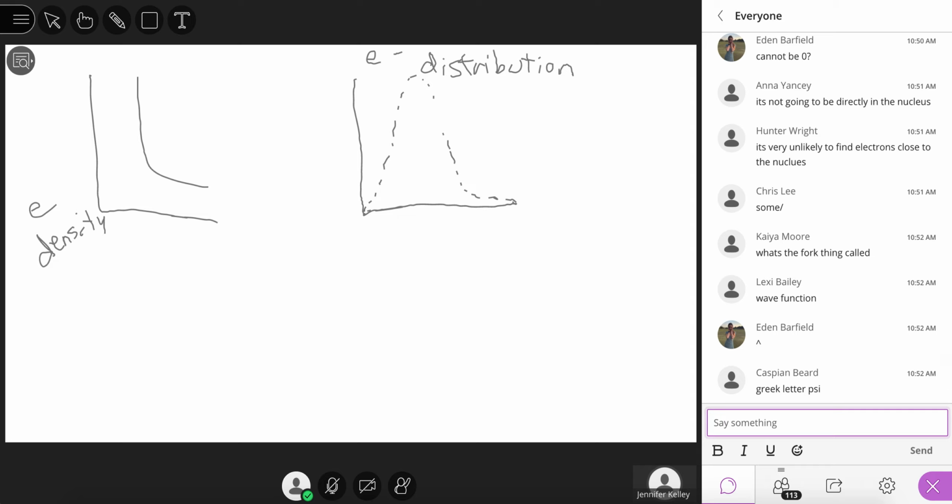If we're talking about an s orbital, then you would only have one bump. These distribution functions basically tell you where the most likely place to find the electron is. In the case of the 1s, it's about 53 picometers from the nucleus. So it's not very far at all.